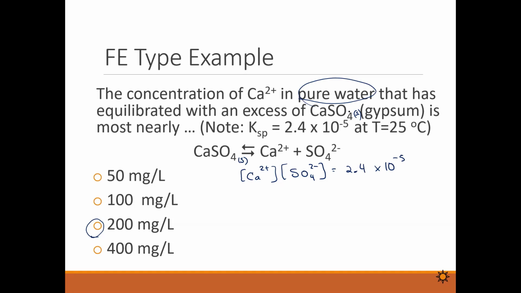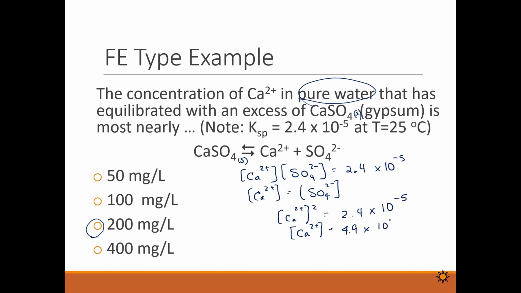So that means that when that calcium sulfate dissolves, the concentration of calcium has to equal the concentration of sulfate. So if I substitute, I have calcium squared is equal to 2.4 times 10 to the minus 5. And that means that the calcium concentration is equal to 4.9 times 10 to the minus 3. And your units are molar units.